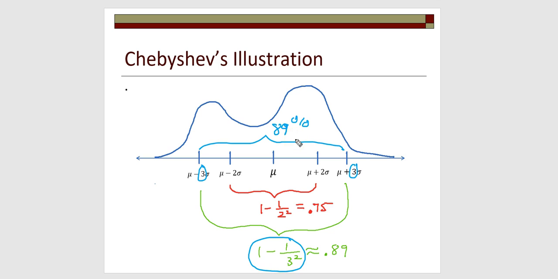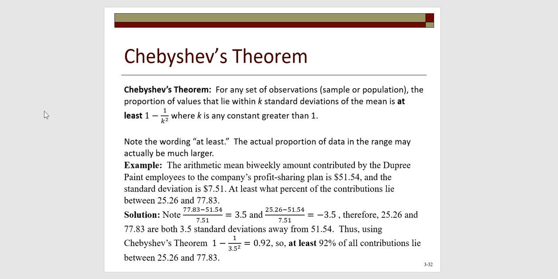So let's take a look at an example using Chebyshev's theorem. So here's an example. The arithmetic mean biweekly amount contributed by the Dupree paint employees to the company's profit-sharing plan is $51.54, and the standard deviation is $7.51.